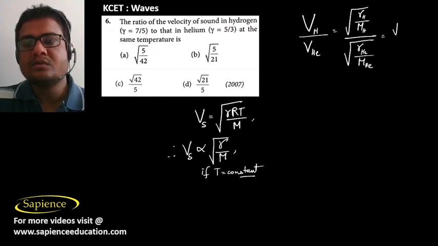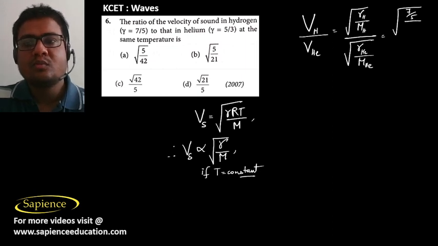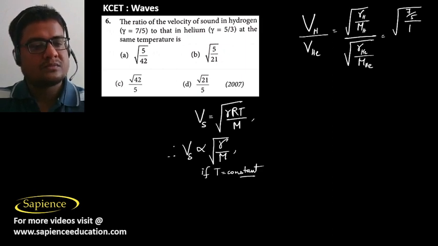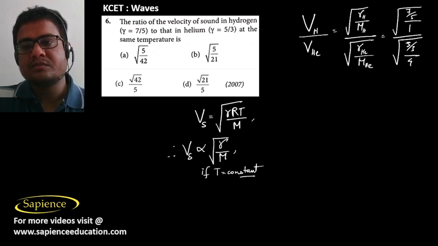So that will be square root of γ of hydrogen, that is given 7 by 5, divided by molar mass of hydrogen, which we know is 1 gram, divided by square root of γ of helium, that is 5 by 3, divided by molar mass of helium, that is 4 gram.